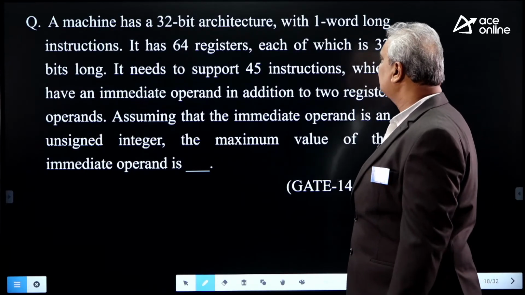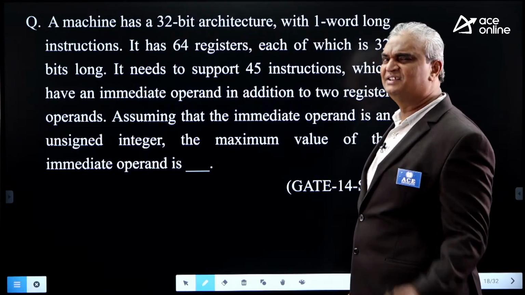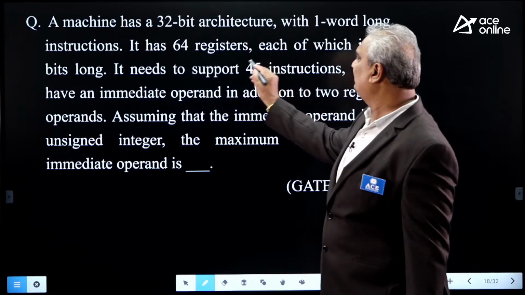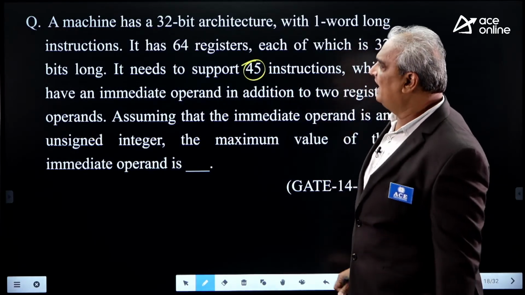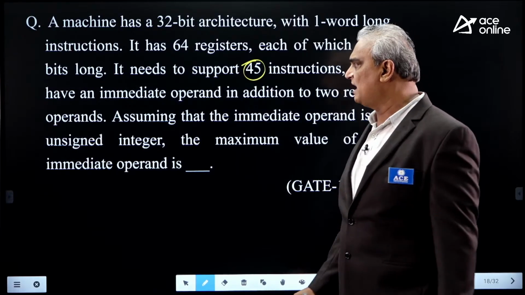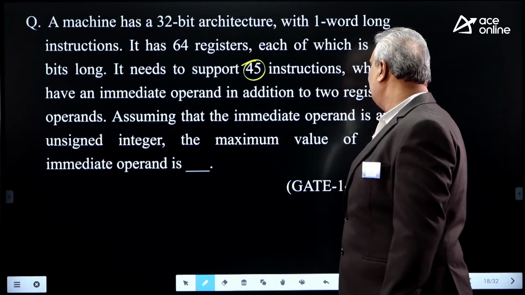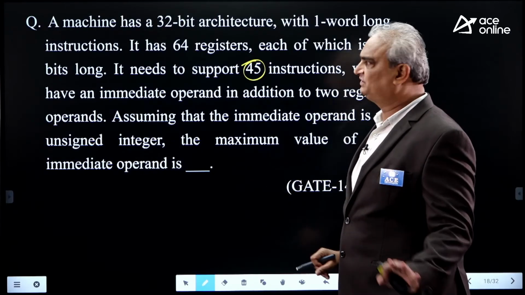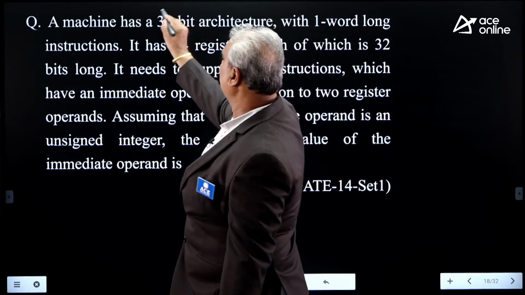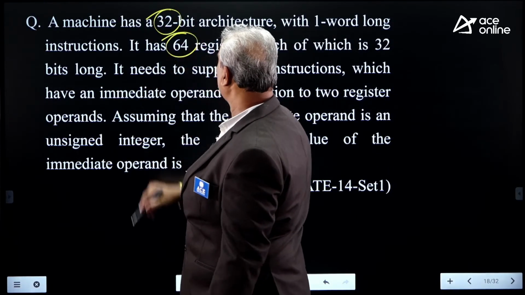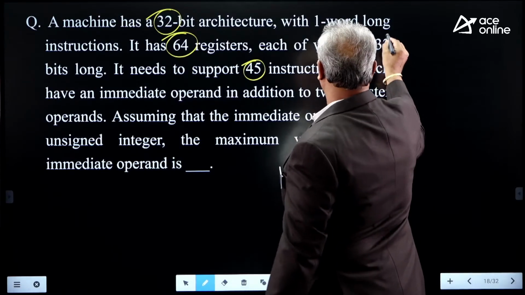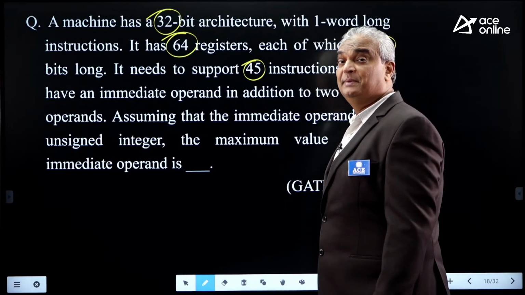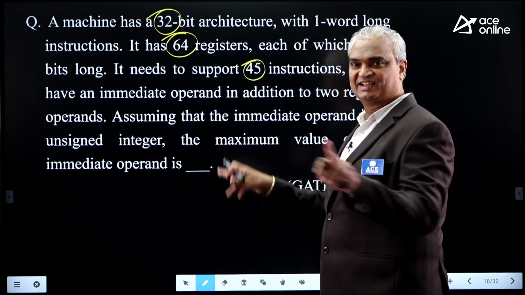It has 64 registers, each of which is 32-bit long. Register size is 32 bits. Number of registers is 64. It needs to support 45 instructions, which have an immediate operand in addition to 2 register operands. Assuming that the immediate operand is an unsigned integer, the maximum value of the immediate operand is dash. In this, word size is 32-bit, number of registers is 64. The size of the register is not needed to consider. Here he asked the maximum immediate operand to be loaded in the instruction.